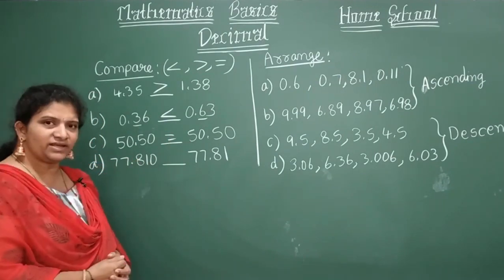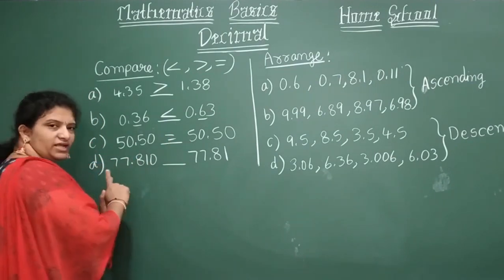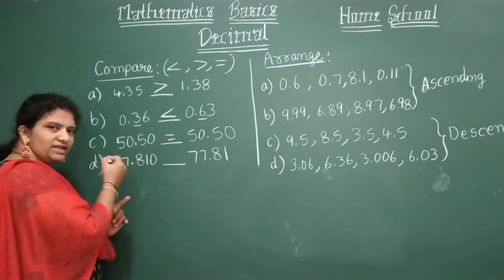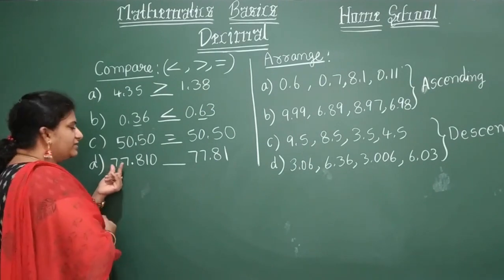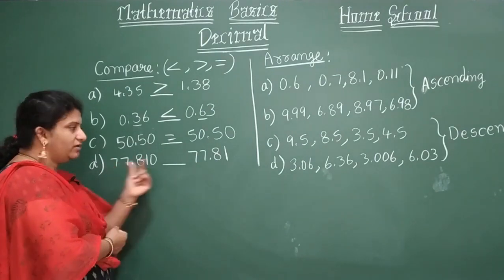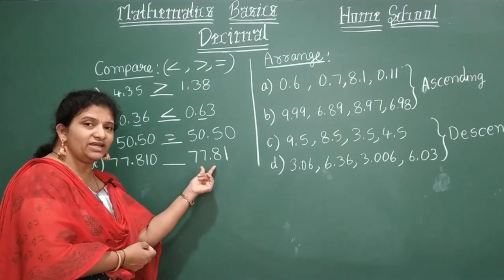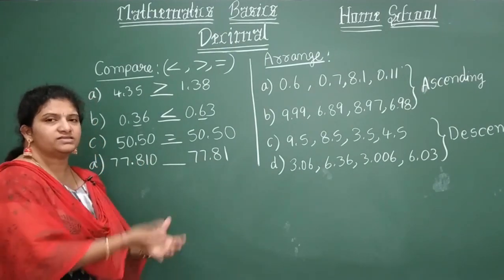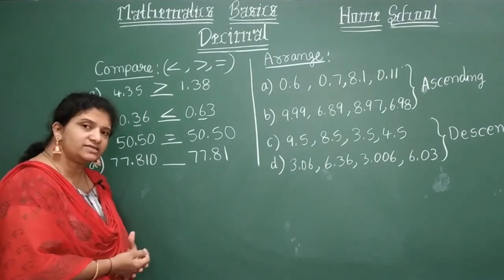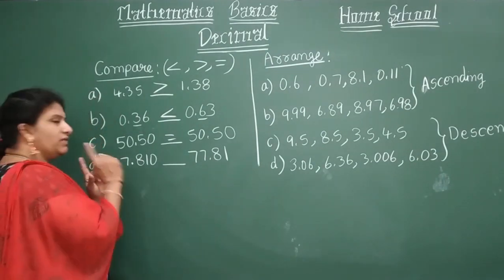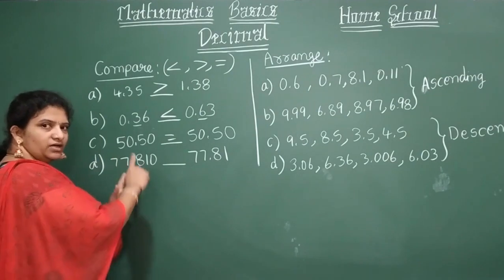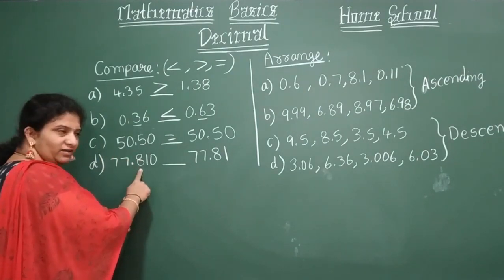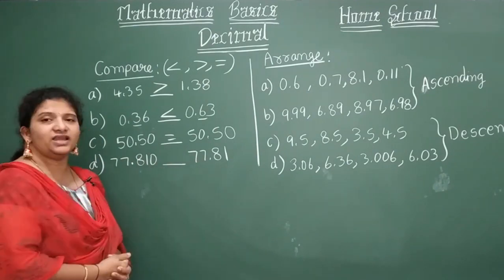So see the last one here. Observe the whole number part. What do you have towards the left side of your decimal point? 77. And here, 77. Then what can you say? Both the whole numbers are same. If they are same, what is your next step? Go to the first 10th position after the decimal point. 8, 8. Again it is same.